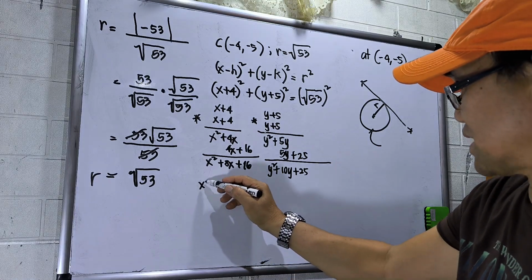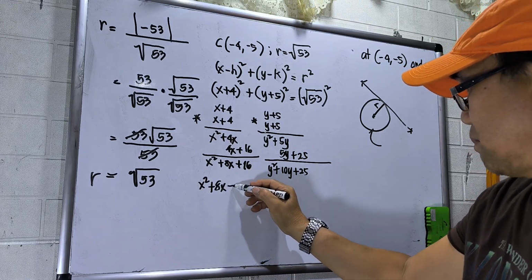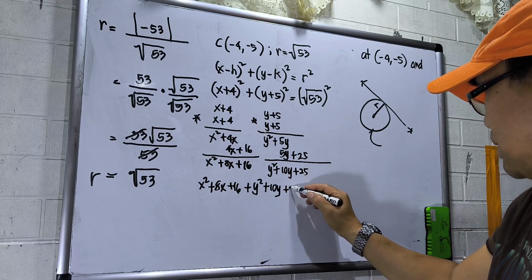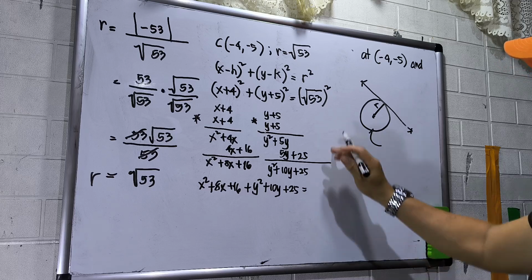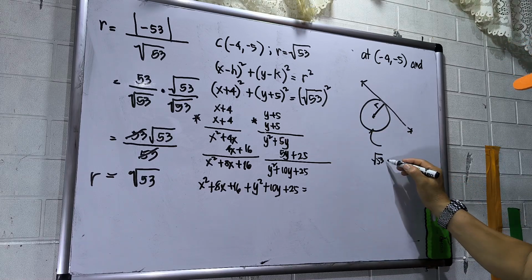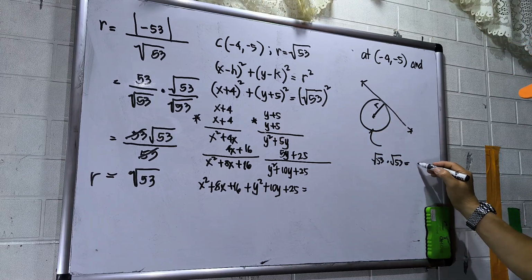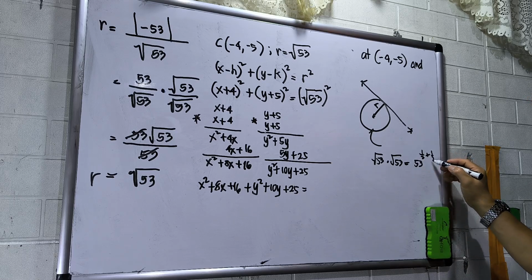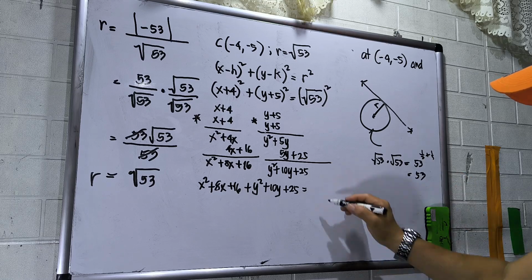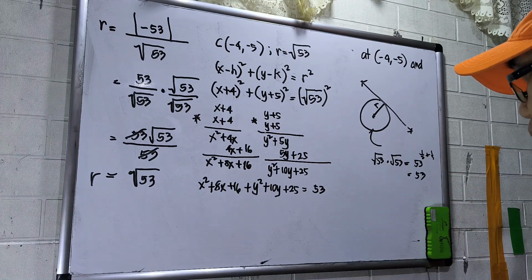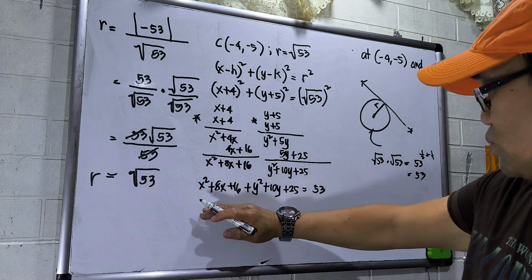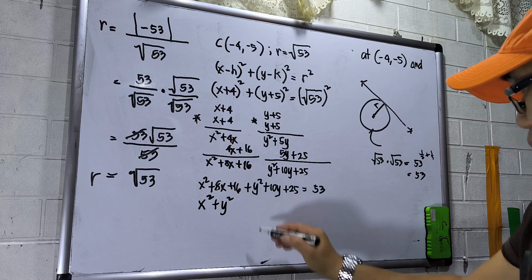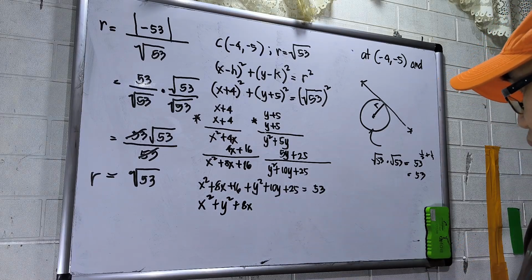So I have now x squared plus 8x plus 16 plus y squared plus 10y plus 25 is equal to the square root of 53 times the square root of 53. The same base, copy the base and add the exponents, 1/2 plus 1/2, so this is equal to 53. This is x squared plus y squared plus 8x plus 10y.